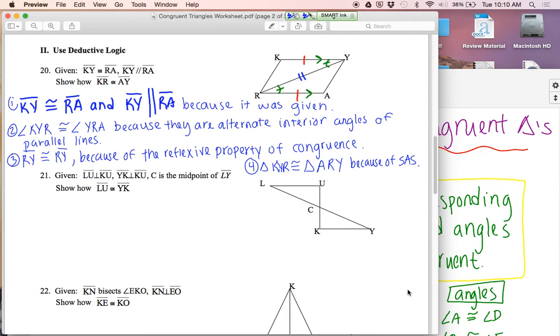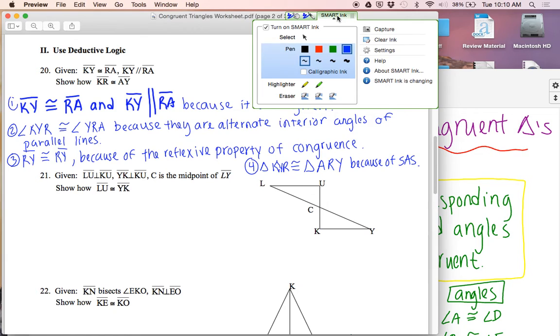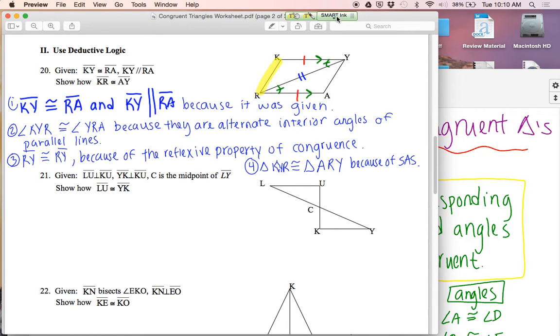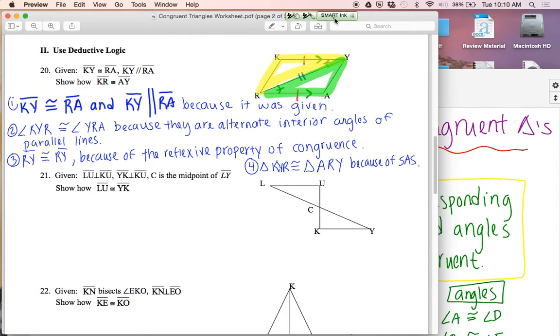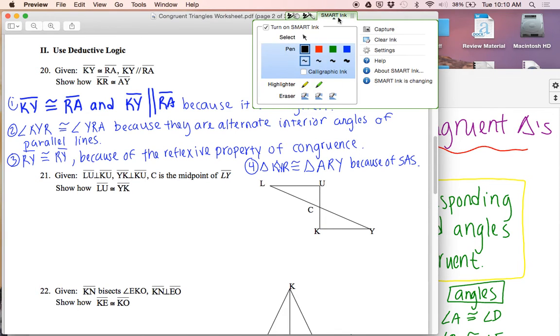Now, if I know these two triangles are congruent, so this triangle here is congruent to this triangle here, I know all their corresponding parts are congruent. So I can say now that KR is congruent to AY because they're corresponding parts of congruent triangles.